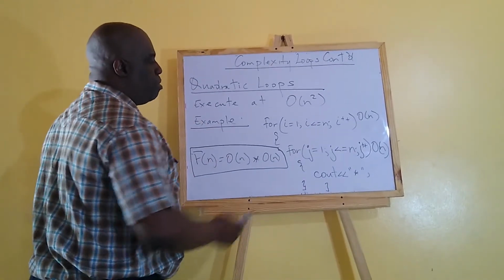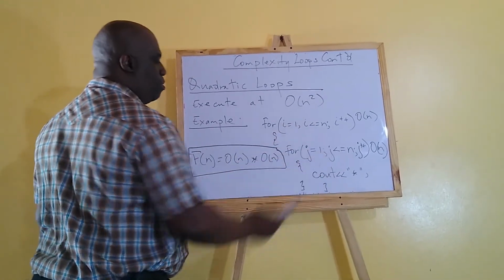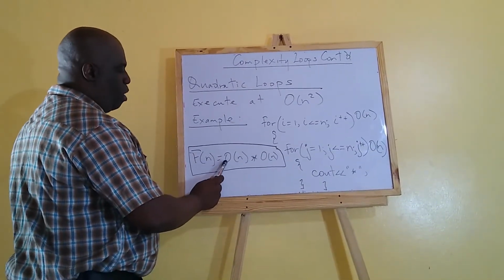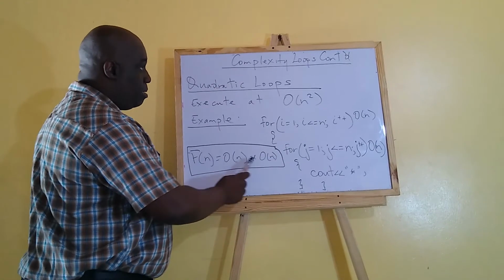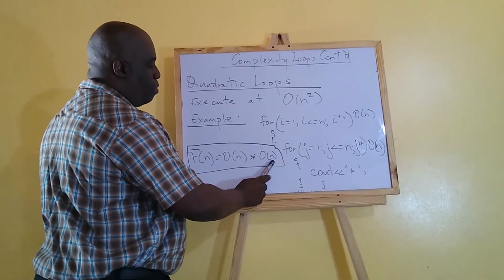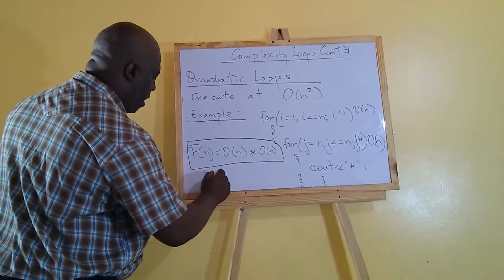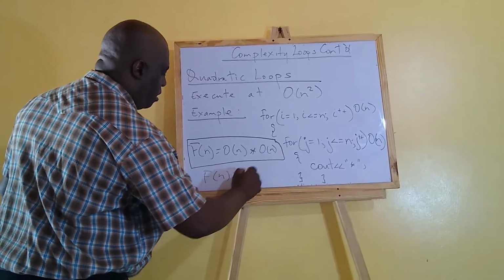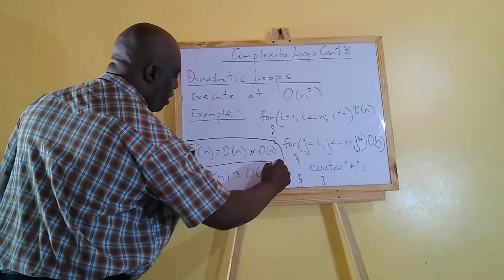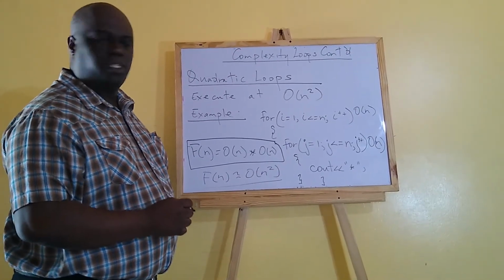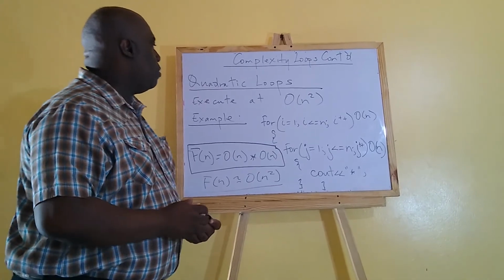What we are going to do is multiply the outer loop by the inner loop just to print that asterisk statement, which means when I take the outer loop, which is order of n, multiplied by the inner loop, which is order of n, this is now going to give me a final result here of f of n being approximately what? Order of n squared. Now that's quadratic, isn't it? That's quadratic. So let's move to the polynomial loop next.